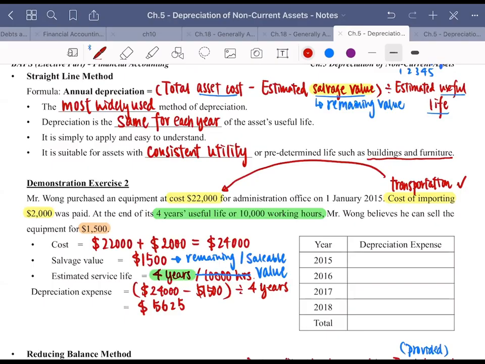This amount would remain unchanged. So in 2015, 16, 17, and 18, throughout the 4 years, we are using the same depreciation expense, which is this amount. So we can put per year behind the amount we have calculated, because the amount would not be changed.